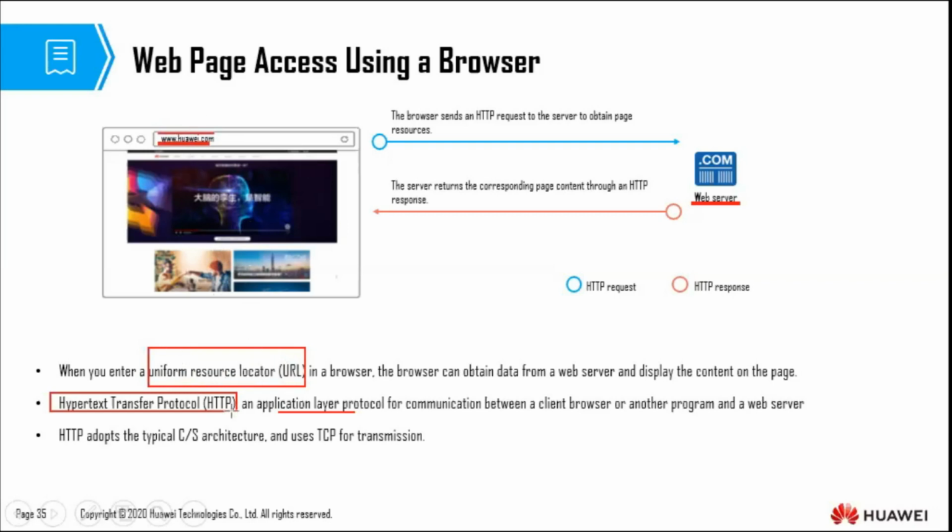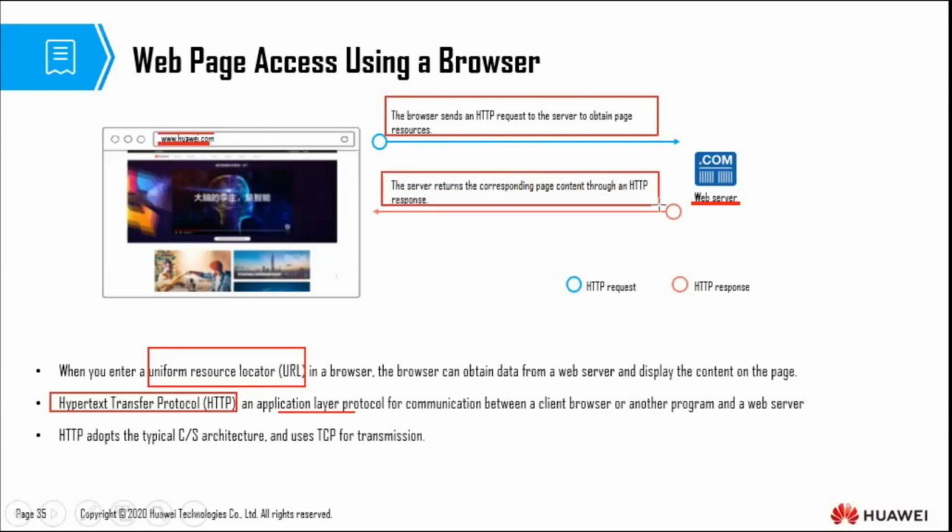So when you enter the URL and press enter, your device, which is now the client, is going to send a HTTP request to obtain that particular resource, that particular page. And once the server receives it, it's going to check, are you authorized to access that resource? If yes, you are going to receive that particular resource in a HTTP response.